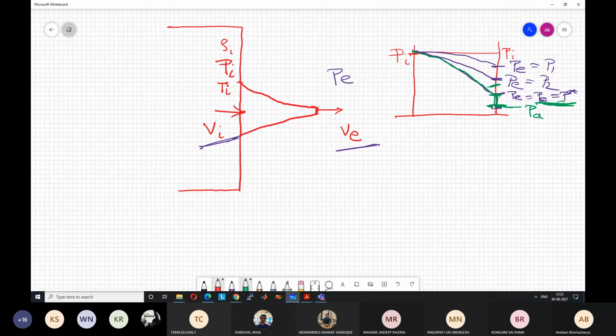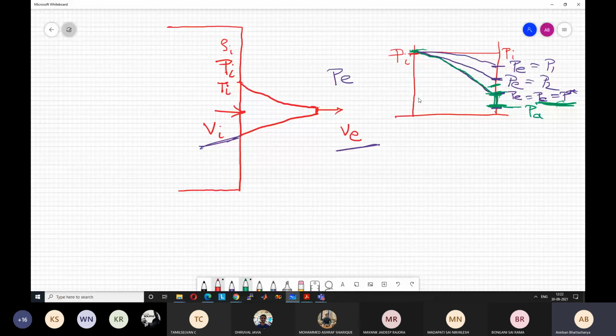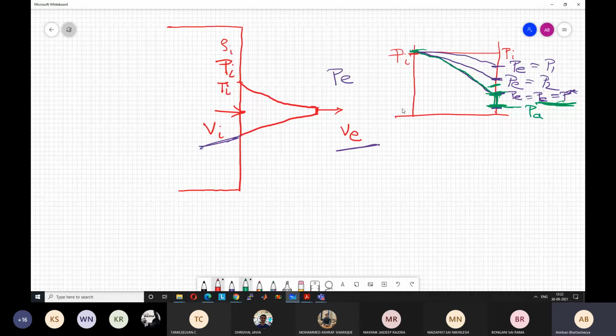This depends on the pressure ratio, which is known as the critical pressure ratio. If PI changes, obviously P star will also change, so PI by P star can be calculated. The ratio of inlet to exit pressure is known as the critical pressure ratio.